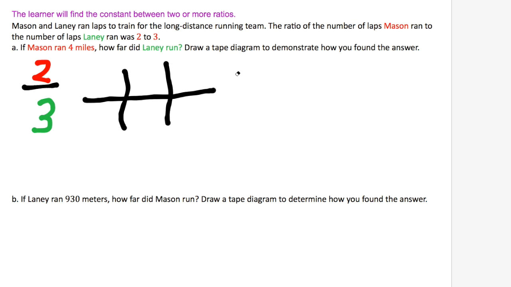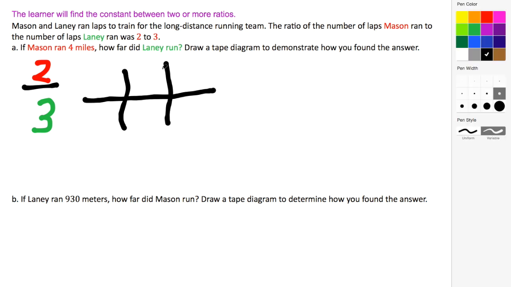Oops, that's not going to work. Try that again. Mason gets 2 boxes, Laney gets 3. There we go. Now we're happy.